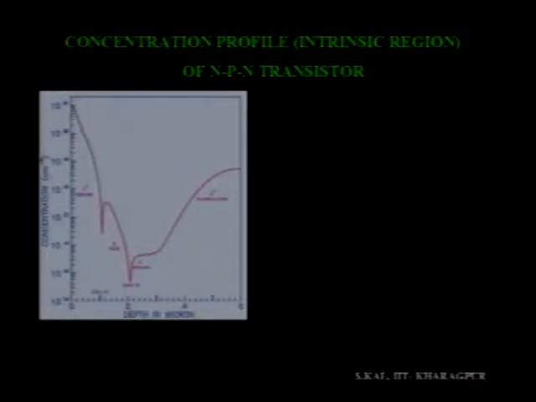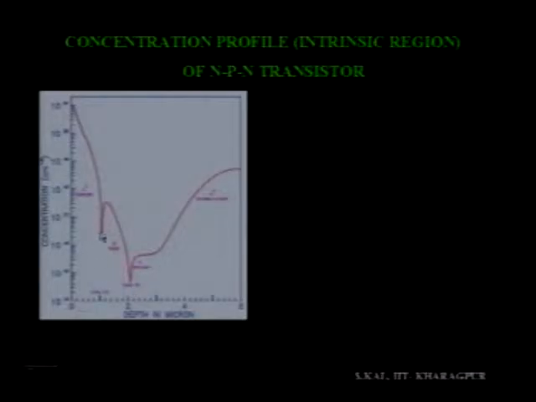From this region to this region is the N plus region, which is the emitter region, and from here the base and emitter junction is at this particular point. Again from here this is the base doping profile, and in our case it is a boron profile, something like that, and up here you can get the base to collector junction.